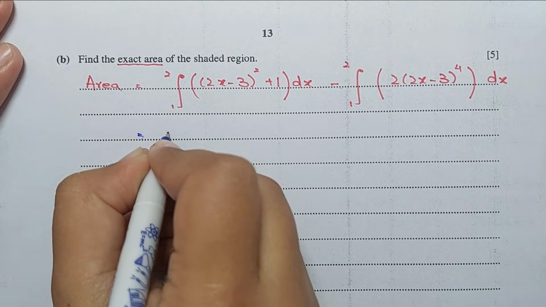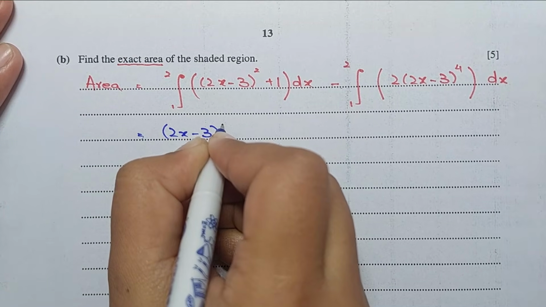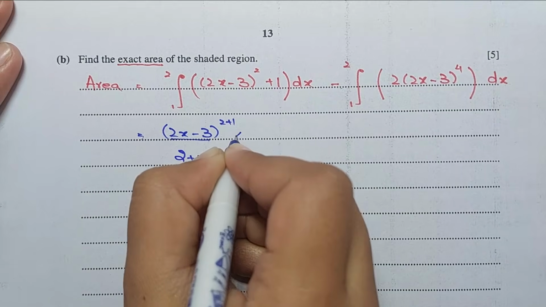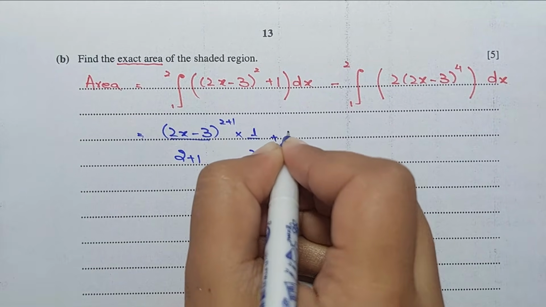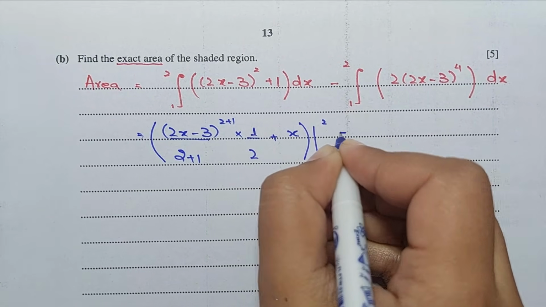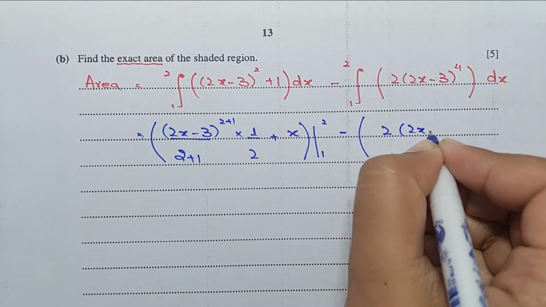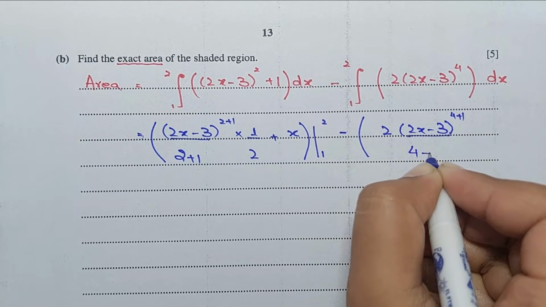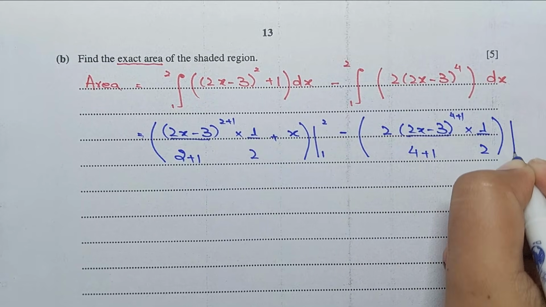So for 2x minus 3, its power is 2 plus 1. By the power rule of integration, over 2 plus 1, multiply by 1 over the derivative of this expression, which is 2. The integration of 1 is just x, and it is from 1 to 2. Subtract; 2 is outside. So this would be (2x minus 3) to the power 4 plus 1, divided by 4 plus 1, multiplied by 1 over its derivative, 2, from 1 to 2.